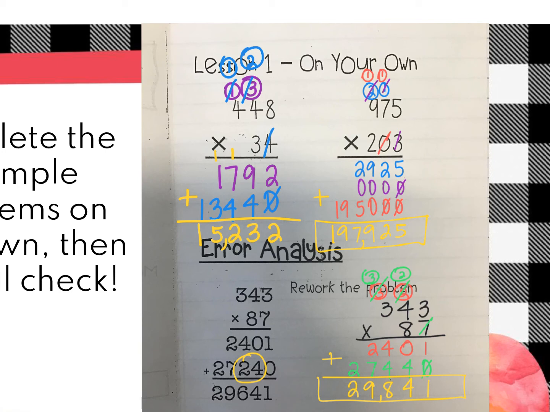I had my 1 when I did the whole thing, but then I didn't see it the second time. Okay, so don't forget those ones that you're carrying, or all the little numbers that you carry, because you can overlook them pretty easily.